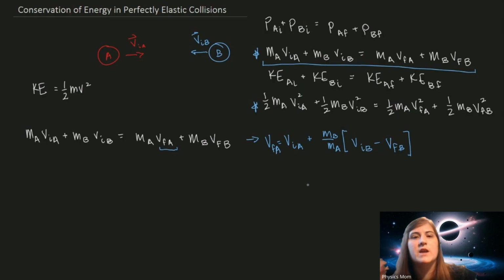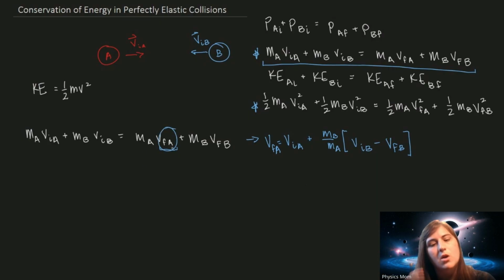Now I did that pretty quickly. You can pause it and try to solve for yourself, but I'm just setting the equation equal to just this term right here because that expression holds true. So that's coming from our conservation of momentum.